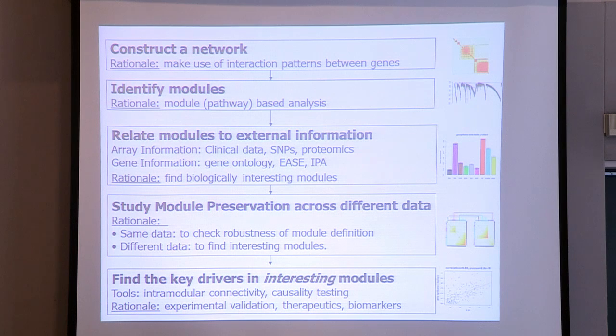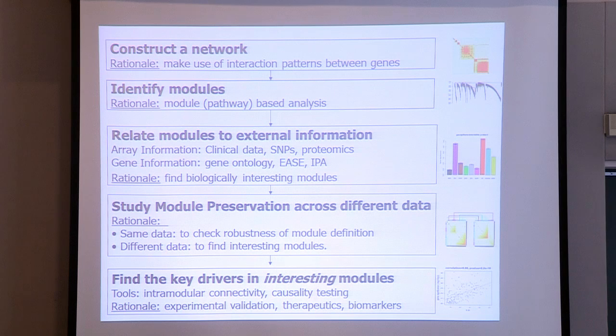And the rationale here is to find biologically interesting modules. As you saw from the previous talk, when we identify modules, we use hierarchical clustering, and typically all we know is, well, this is branch 1, this is branch 2, and so on. And so to understand what's the biological meaning of these clusters, we need to carry out this step 3.